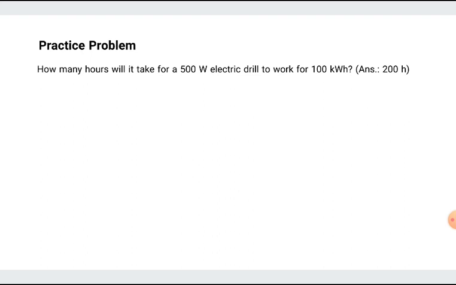So how do we get hours? They are asking for hours. If we have a watt and a kilowatt hour given, let's first convert the kilowatt to watt. 100 kilowatt hours, if you want to convert that to watt hours, will be 100,000 watt hours.